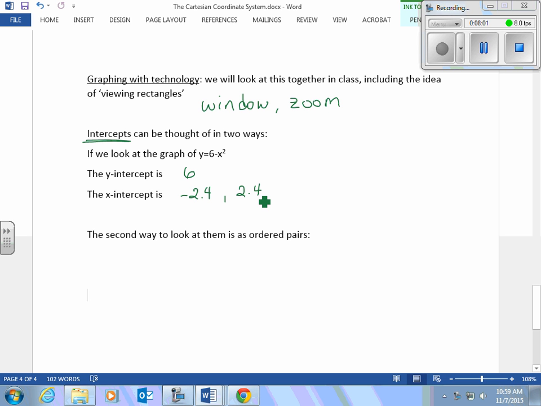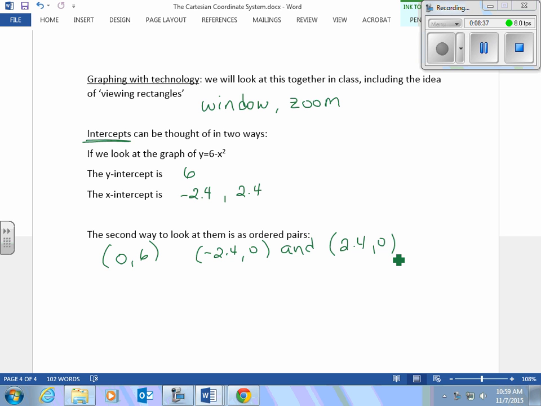You can think of the x and y-intercepts as single numbers, but the other way to look at them is as ordered pairs. The coordinates of the y-intercept are 0, 6, because x is 0 when y is 6. The other coordinates will be -2.4, 0 and +2.4, 0.